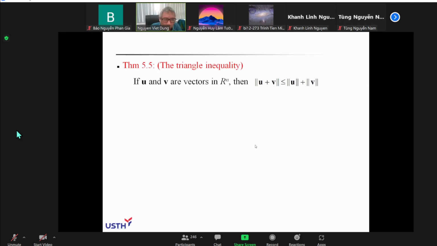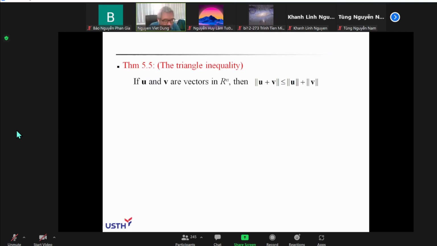The next one will be the triangle inequality. Suppose that you are given u and v, two vectors in Rn. Then you have the length of u plus v less than or equal to the length of u plus the length of v. Once again, I require you to imagine by looking at the geometry.